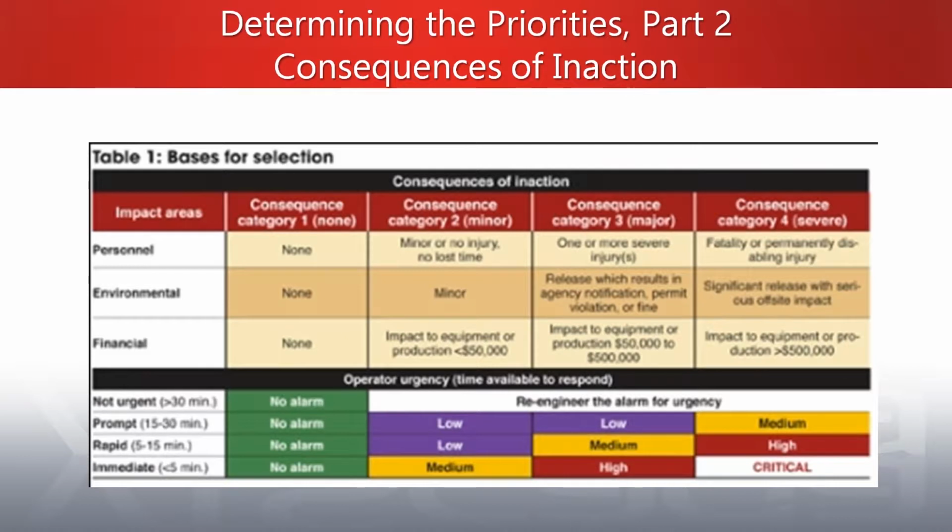So the personal side is the consequence of doing nothing versus the consequence of having something really severe. Okay, all the way across here. So for example, in the personal side, the most severe is somebody gets hurt or killed. That is never a good time at a plant or anywhere else for that matter. Environmentally, you're having a spill, for example.